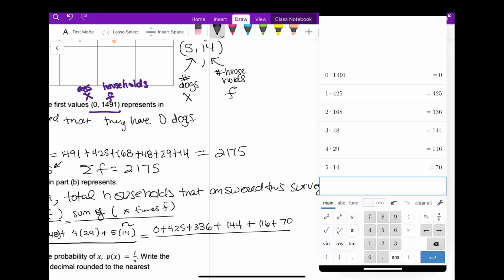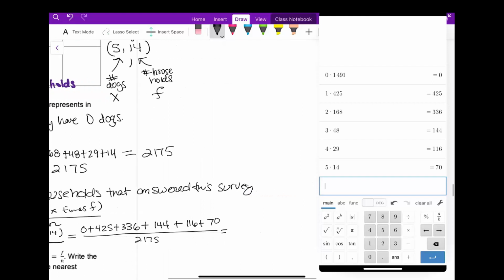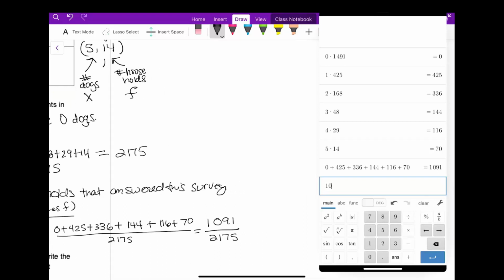This is all over 2,175. Let's add these up. So I have 0 plus 425 plus 1,091, all divided by 2,175. Let's input that in our calculator.